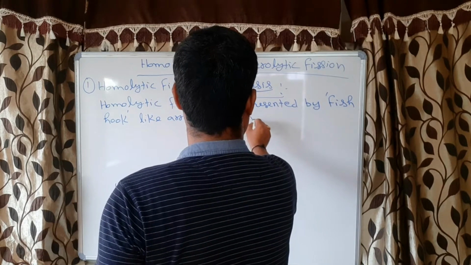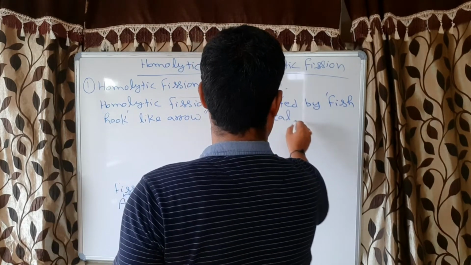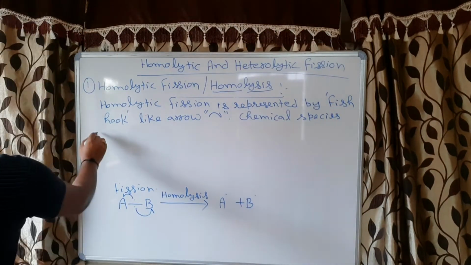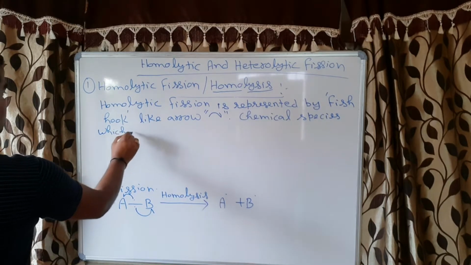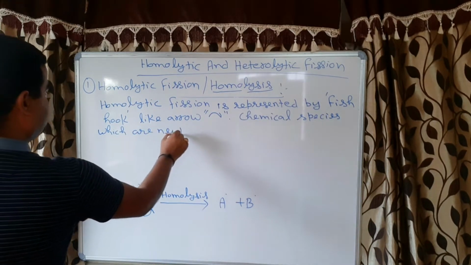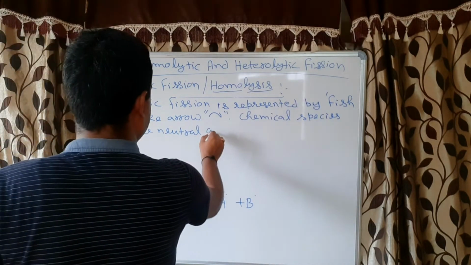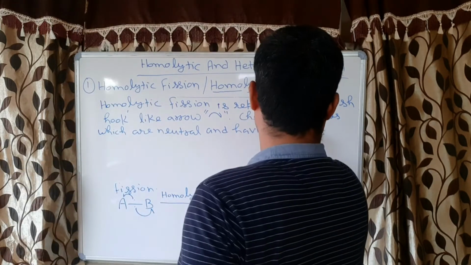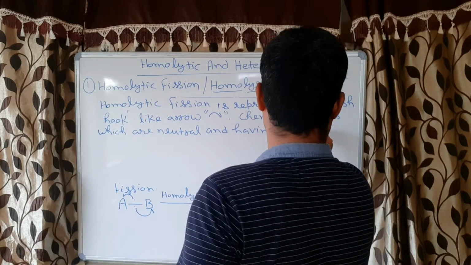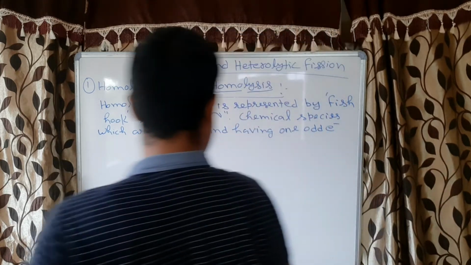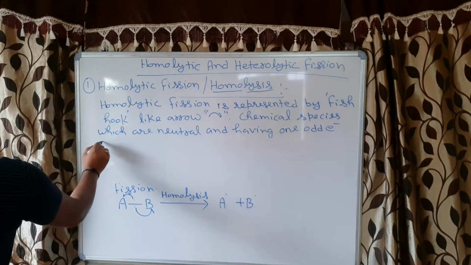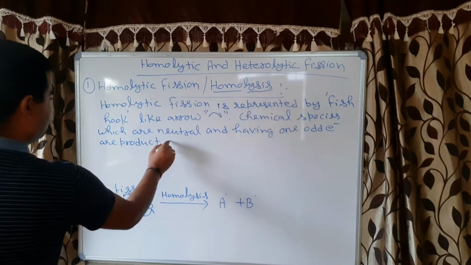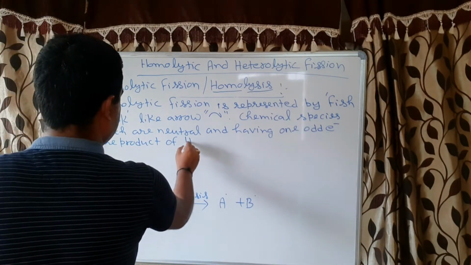And chemical species which are neutral and having one odd electron are the product of homolytic fission.